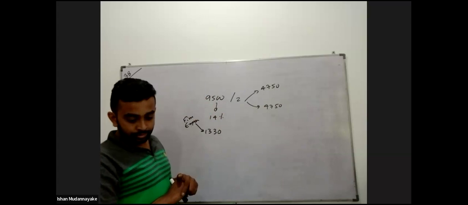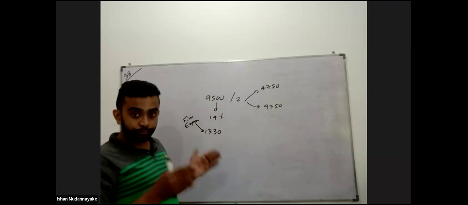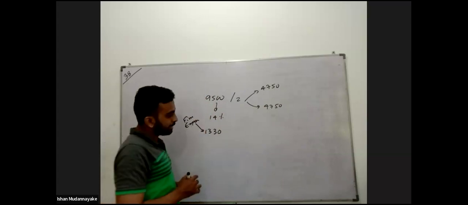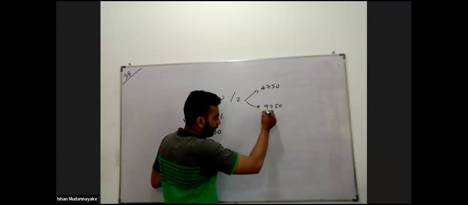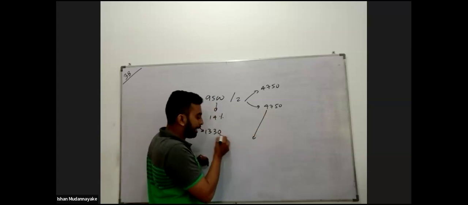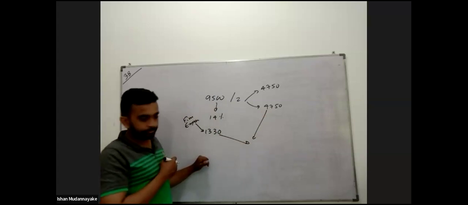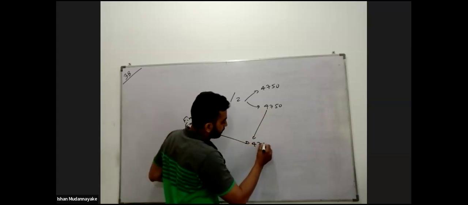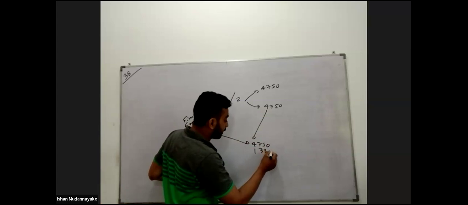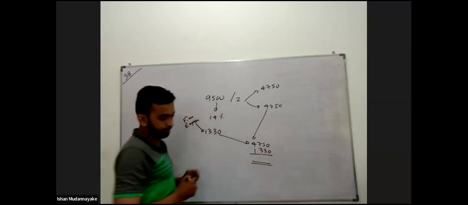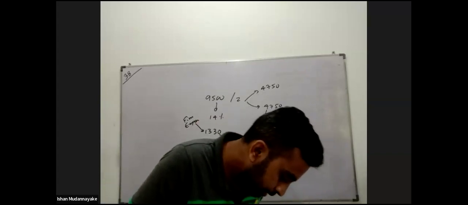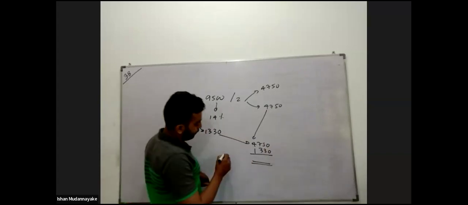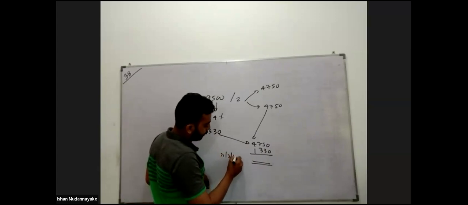Now the payable amount for the current financial year, you need to settle with interest. For the current financial year, payable bank loan is 4,750 plus 1,330 interest. You need to pay this amount as at 31st March 2016.